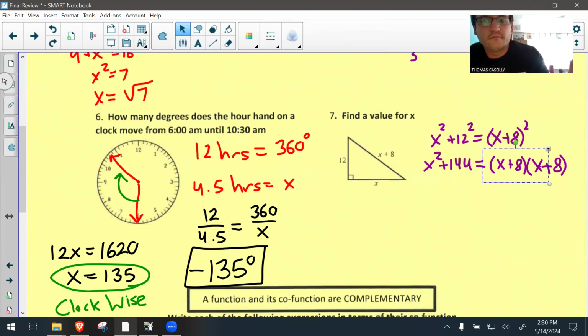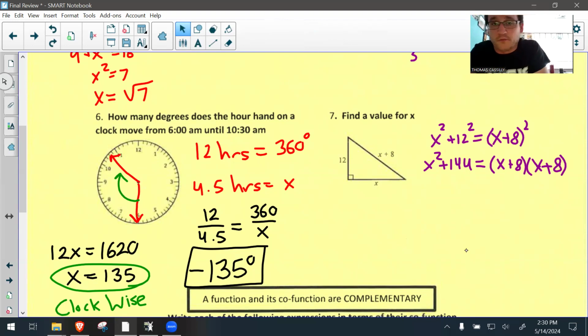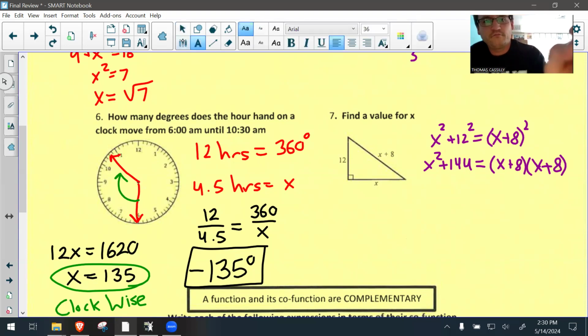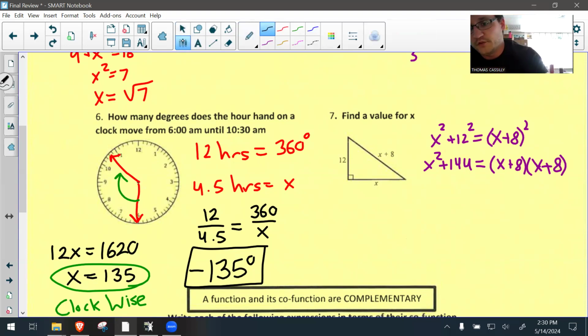All right. So if you call that x squared plus 64 and you simplify that way, that's wrong, right? Because this turns into a double distribute problem. This x has to go to both terms, and this 8 has to go to both terms. All right. So the left side, that doesn't change at all. We have x squared plus 144. That's fine.